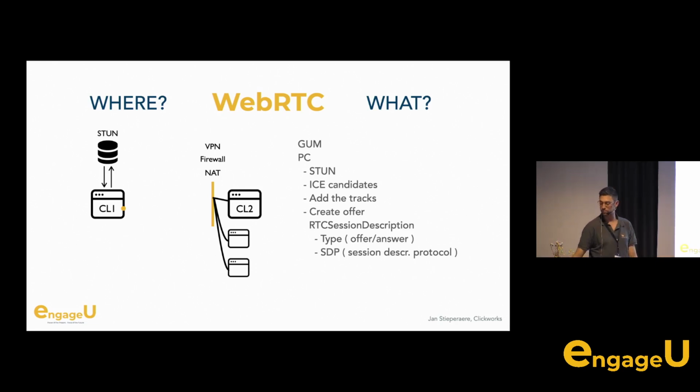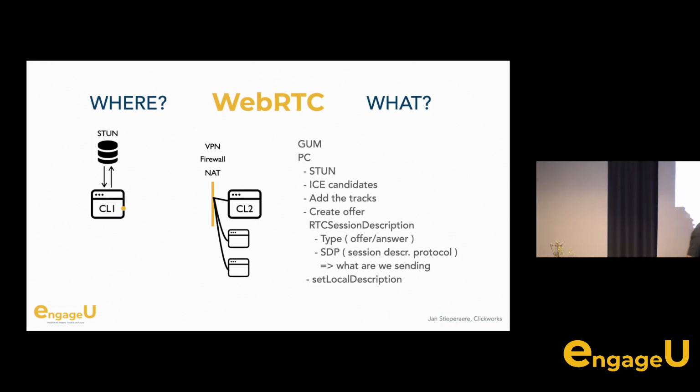That session description protocol is actually answering what we are sending. It will describe which codecs we will use for video, for example, which encryption we will use for the communication, that sort of stuff. And that's answering what we are sending. So we know where we are, we know what we are sending, but of course, we don't know where the other person is.